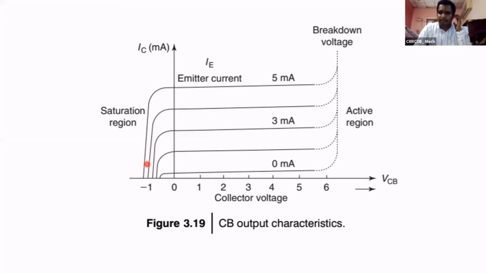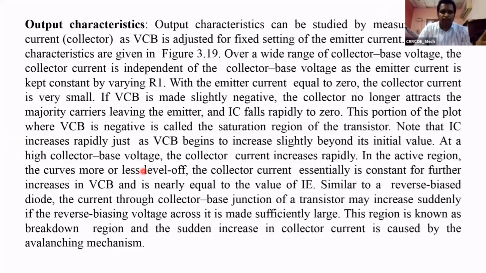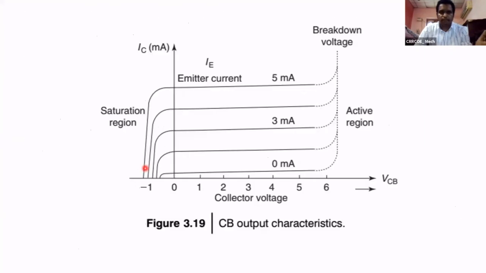Saturation region means both junctions are forward biased. VCB is 0 at the y-axis, and as it decreases toward negative, the collector current decreases and quickly closes to 0. In saturation region, VCB increases, IC increases; VCB decreases, IC decreases.